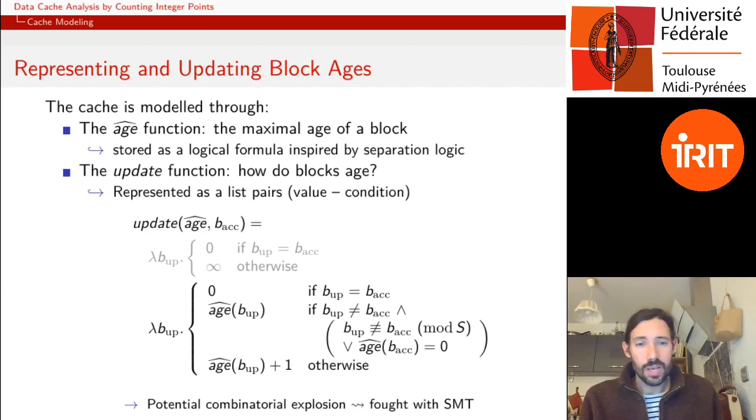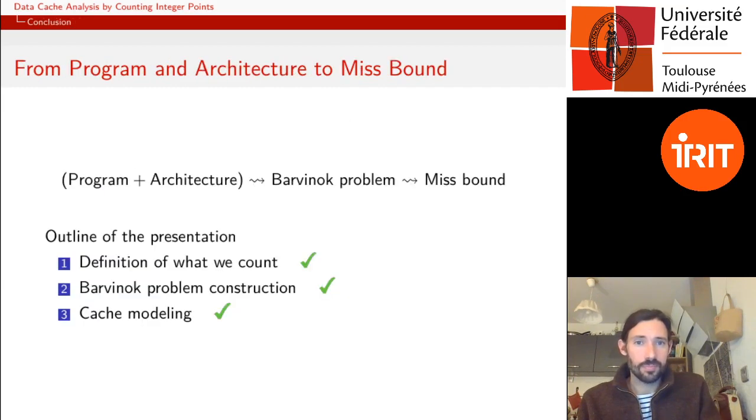So we use SMT to discard many of the cases that appear. The more information we have about alignments, about placement in memory, the less this combinatorial explosion can appear.